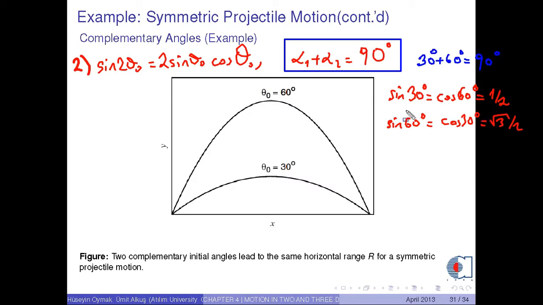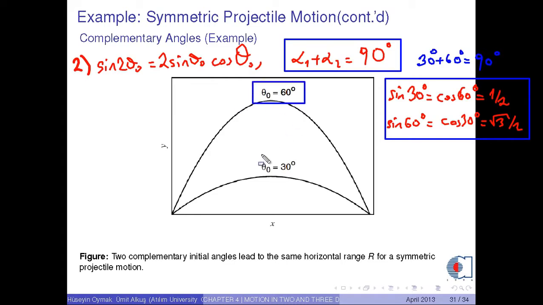We then draw the conclusion that two complementary initial angles give rise to the same horizontal range R for a symmetric projectile motion, as is shown in this figure for theta 0 equals 30 degrees and 60 degrees.